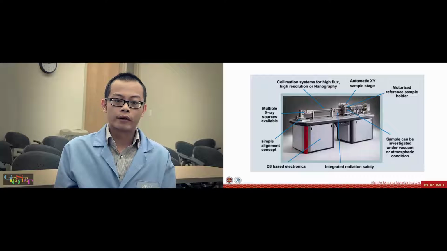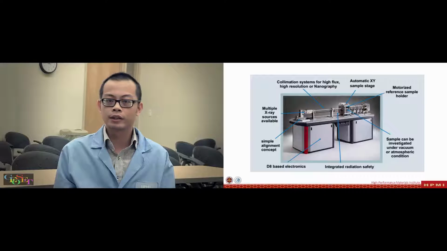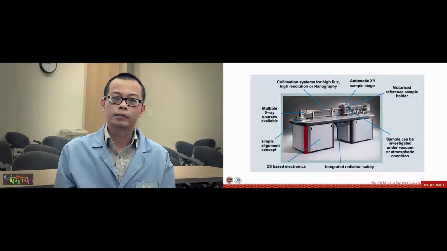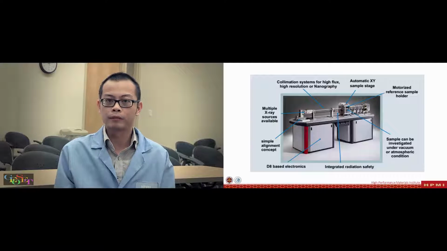Normally we run it for 10 minutes, but it depends on the scattering intensity of your materials. If it's strong, you can run it for a shorter amount of time.